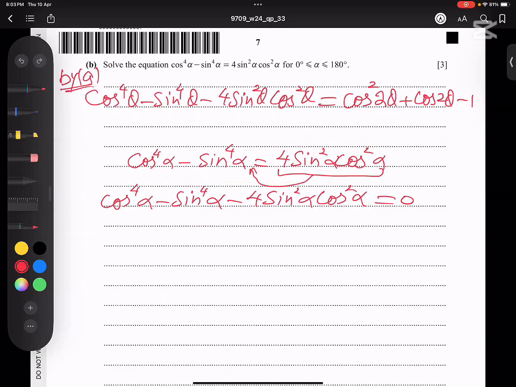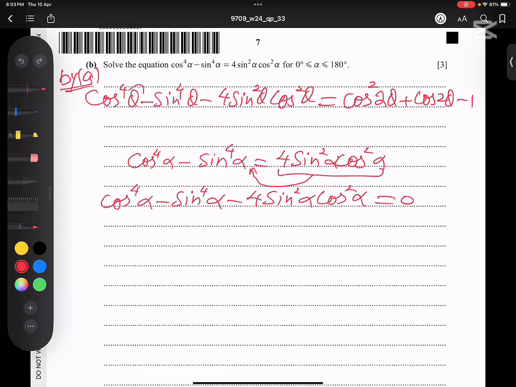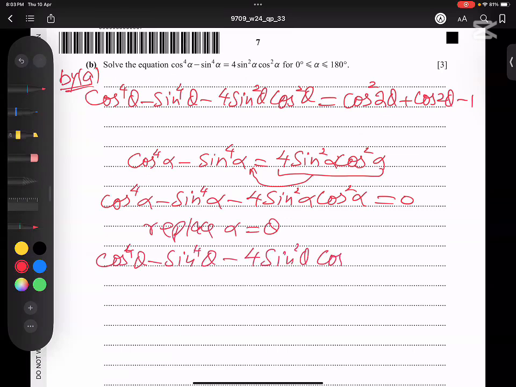Exactly the same. But this is alpha, and this is theta, and theta turned to be double theta. It means this whole thing is the same. What is the difference? Each theta is replaced by alpha. So if I replace each alpha by theta, it turns to be cos 4 theta minus sine 4 theta minus 4 sine squared theta cos squared theta.